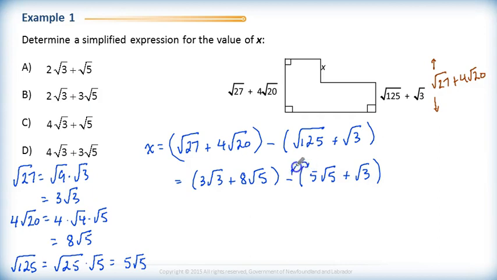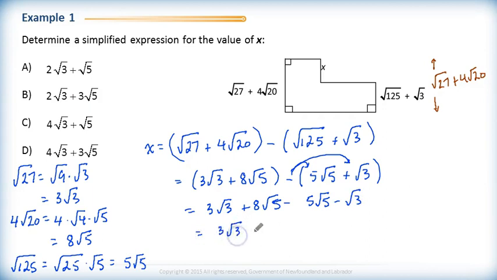Distribute this negative to these two terms. We have 3 root 3 plus 8 root 5 minus 5 root 5 minus the square root of 3.